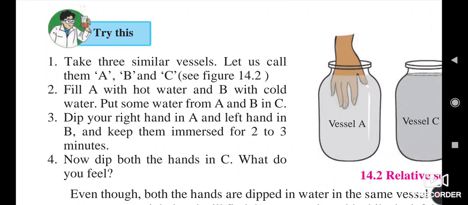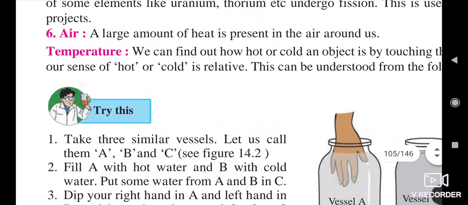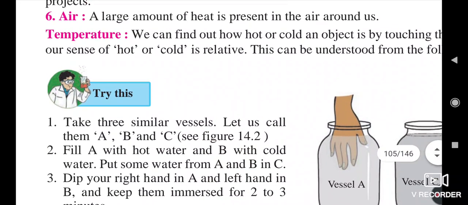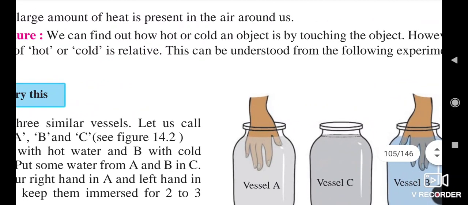Here we have an experiment on hot and cold. The concept of hot or cold is a relative concept. We experience the hotness and coldness of an object by touching it.